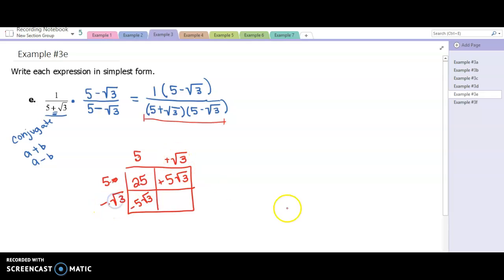And negative square root of 3 times a positive square root of 3 would just be negative square root of 3 squared, where the square root and the squared cancel, which is just negative 3. So I'm going to put my negative 3 in here.